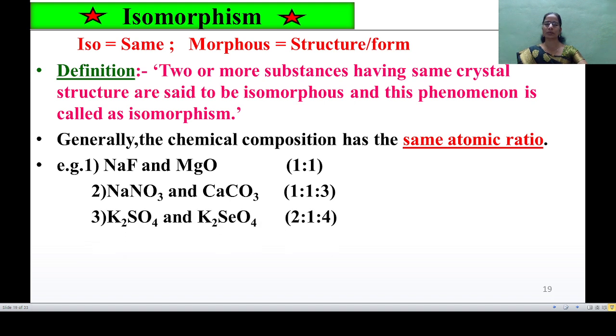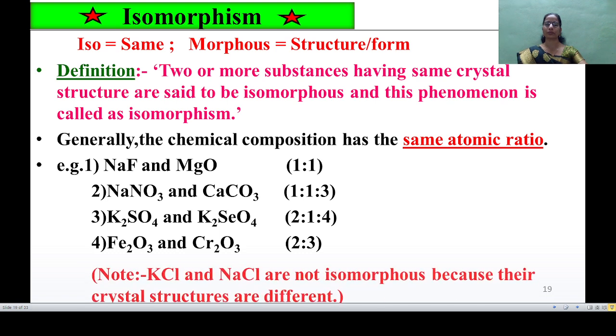See the third example, potassium sulfate and potassium selenate. Here again, the atomic ratio is the same, that is 2:1:4. Fe2O3 and Cr2O3 also have the same atomic ratio of 2:3, and thus these pairs indicate the phenomenon named isomorphism.